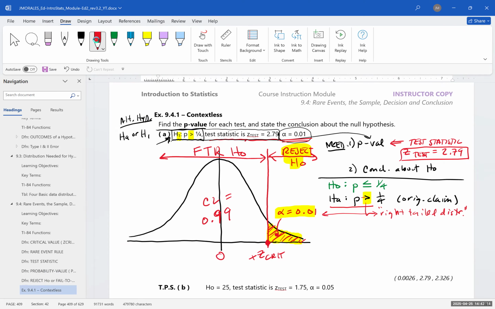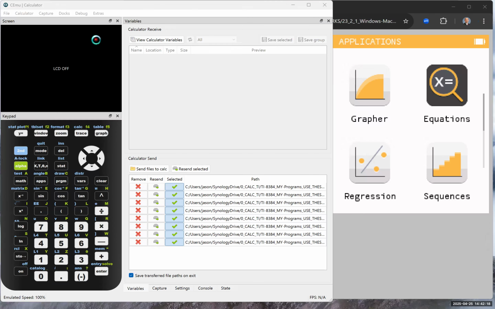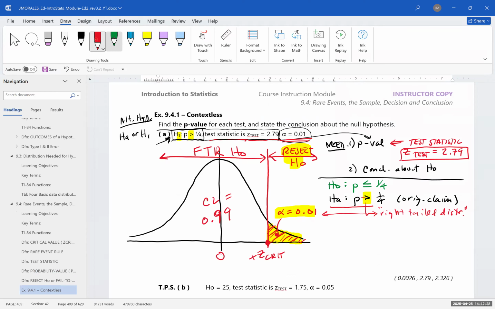Now, one of the things that was given to us here, okay, so my computer is working on something I can't quite explain. Okay. We were told the test statistic, which comes from our sample data.